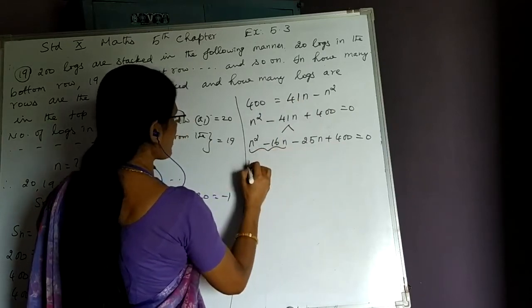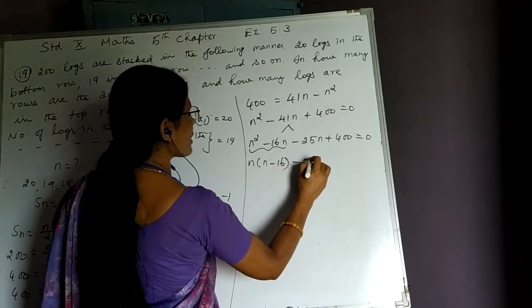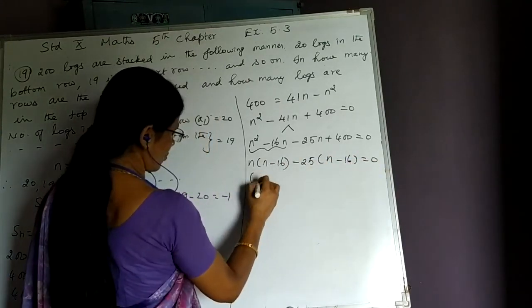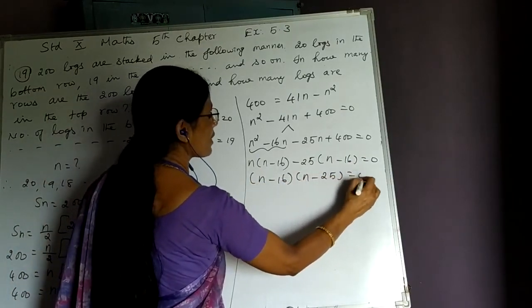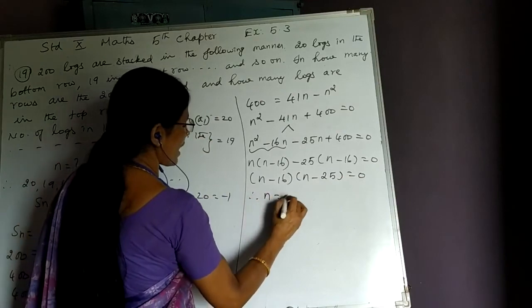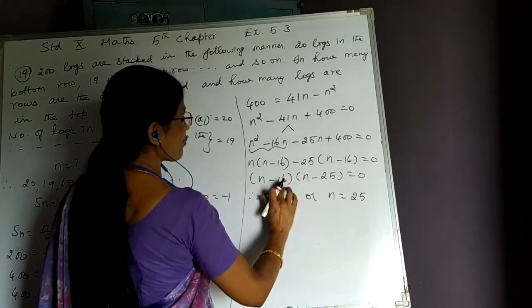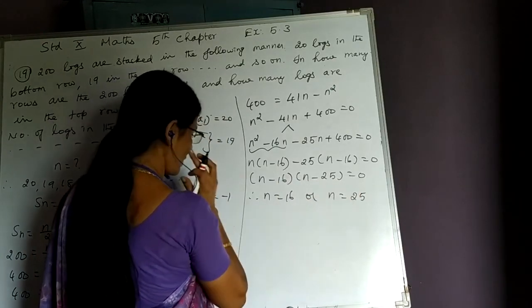So I take n common here, we'll get n minus 16. Here if you take 25 common, you'll get n minus 16. The factors are n minus 16, n minus 25 equal to 0. Therefore, equating each factor to 0, we get n equal to 16 or n equal to 25.